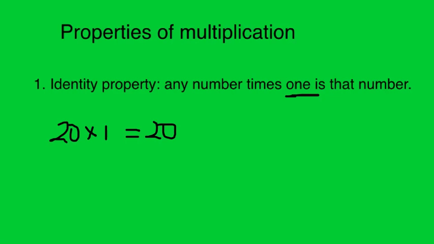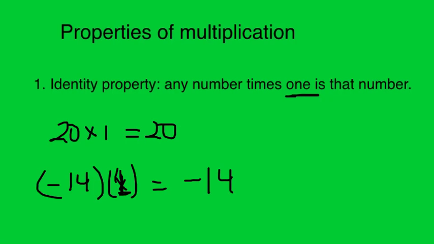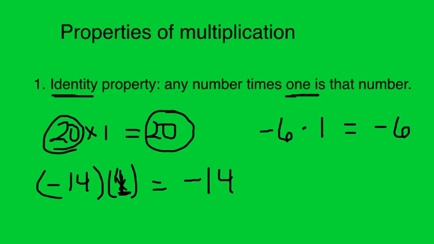If I take negative 14 times 1, I'm going to get negative 14. If I take negative 6 times 1, I'm going to get negative 6. So that's why we call it the identity property. What you start out with is what you end up with.